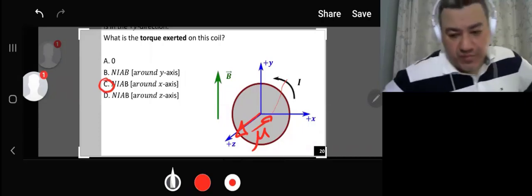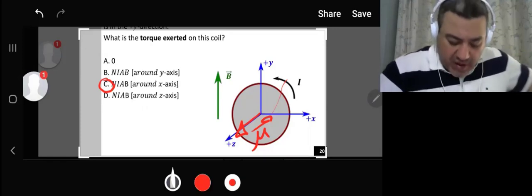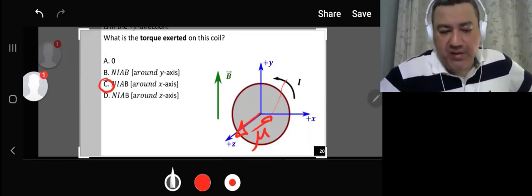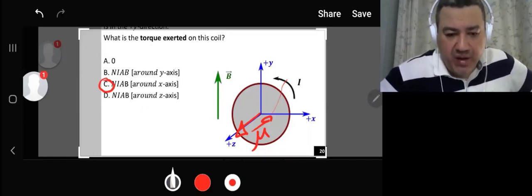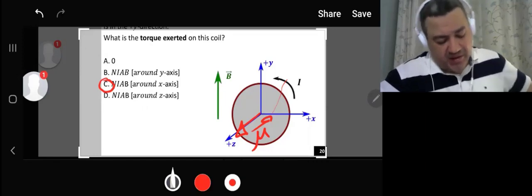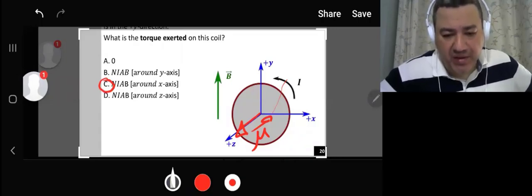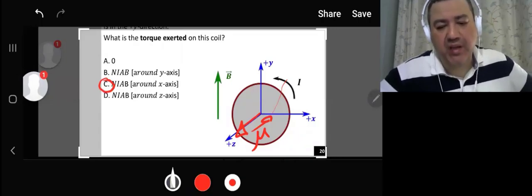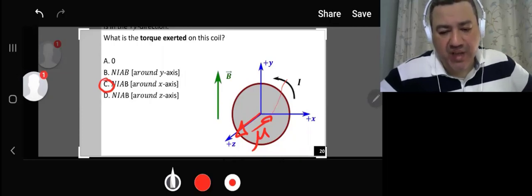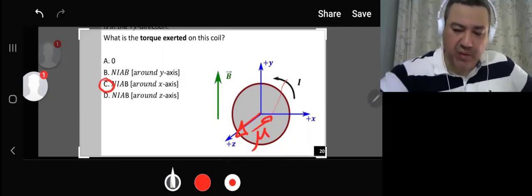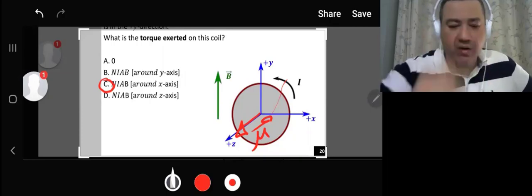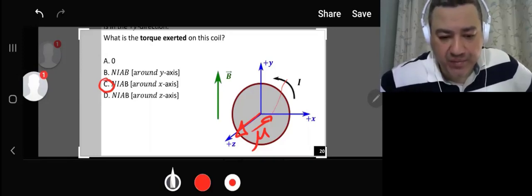Well, the torque here is represented by mu cross B mathematically. You look at it as only mathematically. The rotation is happening such that this magnetic dipole moment is aligning with the magnetic field.